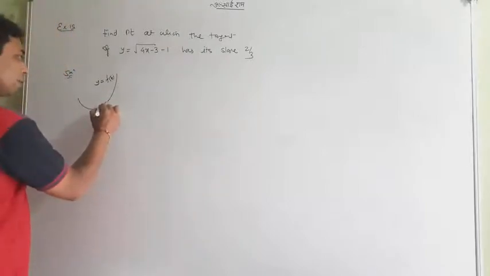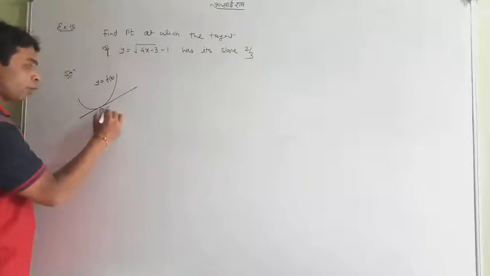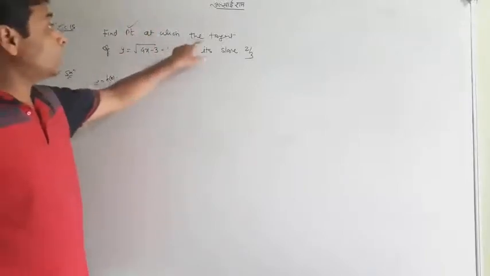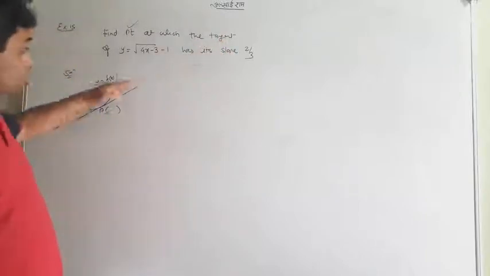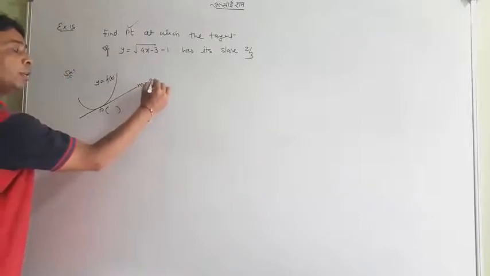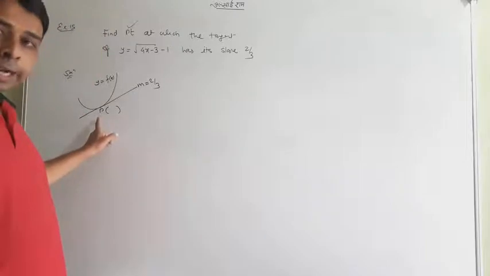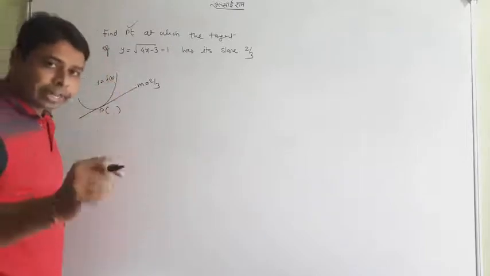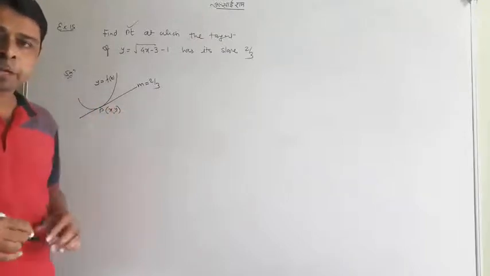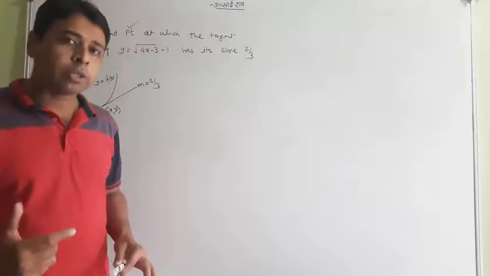You know that this is the tangent and this is the point of contact, which we have to find out, at which the drawn tangent has a slope 2 by 3, meaning the slope of the tangent is given and you have to find the point of contact. So initially I tell you, always assume the point of contact as xy. Don't take x1 y1, always take xy whenever it is unknown.